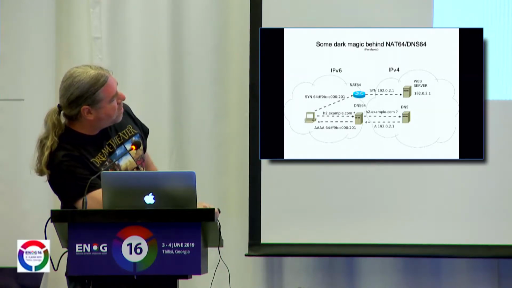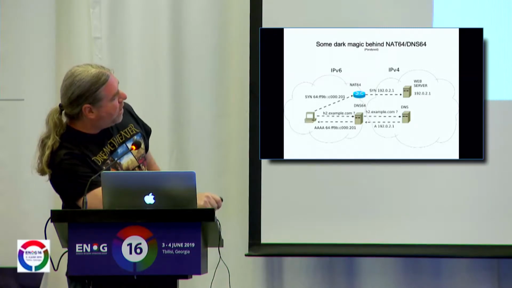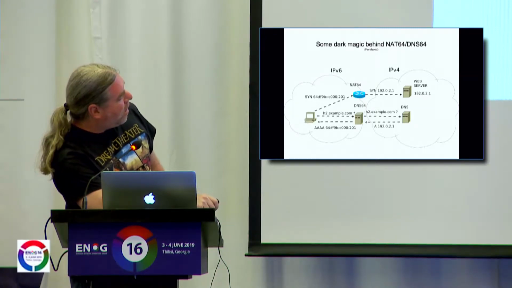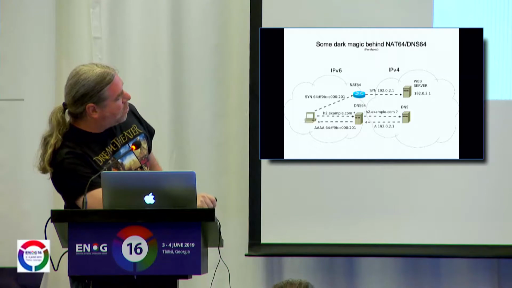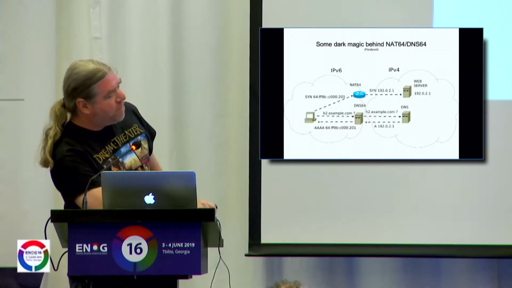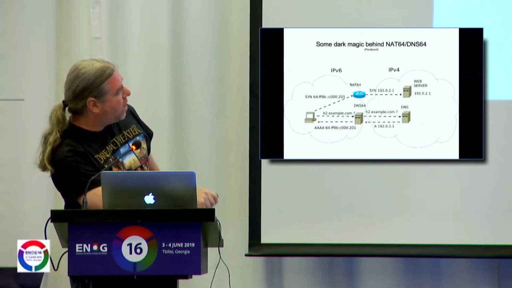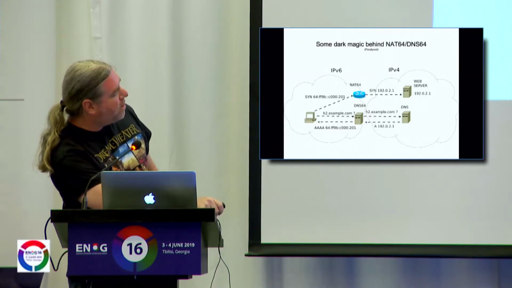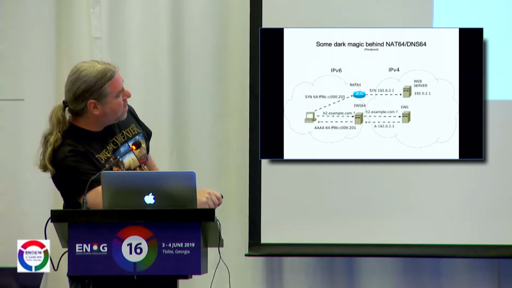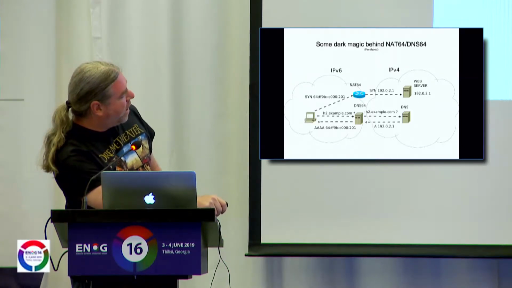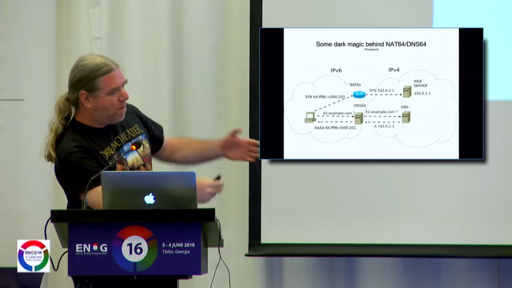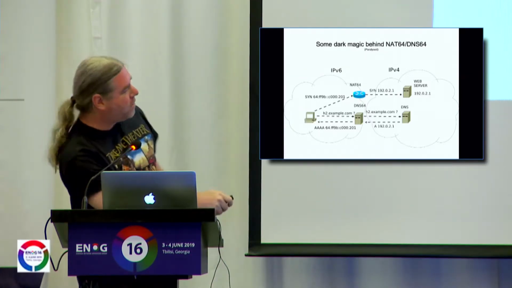It gets back just an A record, and then DNS64 generates the IPv6 address. It generates the AAAA. If there is no AAAA record given back by this DNS server, it generates the NAT64 prefix, and at the end is the IPv4 address in a hex format.